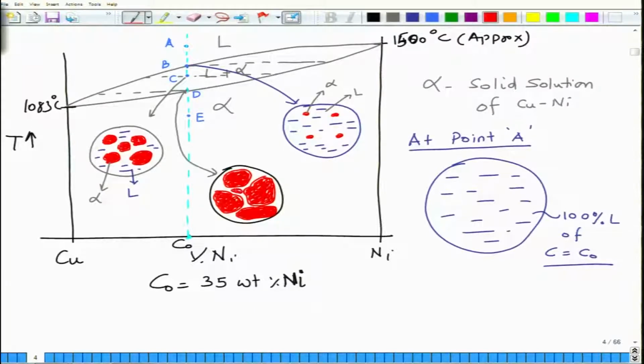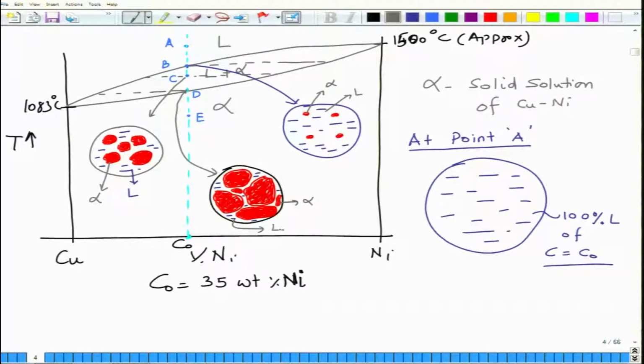Let's say this is some more alpha here. So you have a lot of alpha, and of course you can determine the composition of this alpha using a tie line, and then you have very little amount of liquid left here and there. So this is liquid. So you have very little amount of liquid. The amount of liquid progressively decreases as you decrease the temperature.